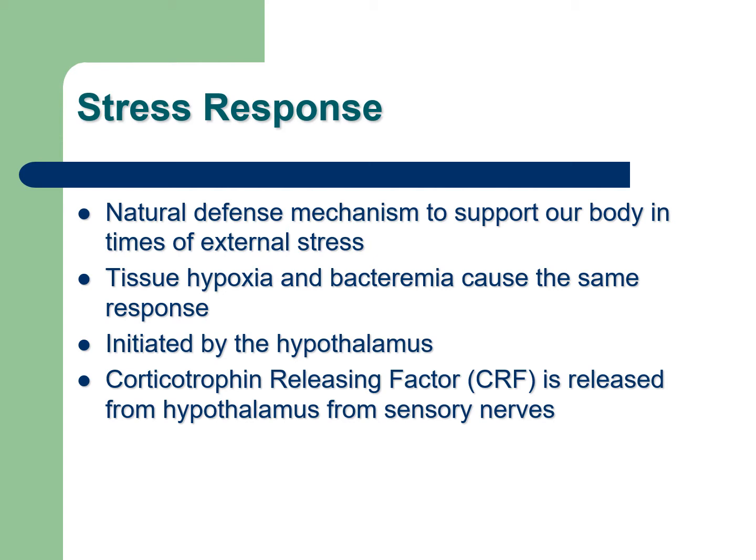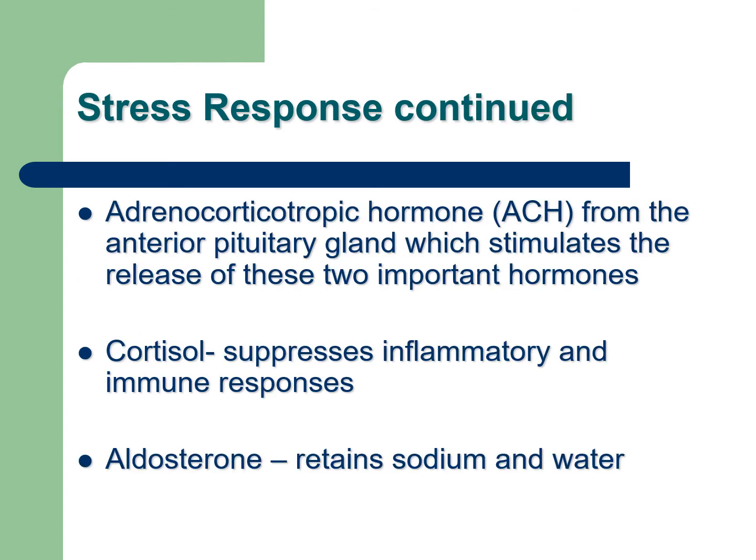And I want to tell you a little bit of how it actually works. It's initiated by the hypothalamus, and then the hypothalamus releases a hormone called CRF. The pituitary gland secretes a very important hormone called ACTH. When ACTH is produced, it further stimulates the production of two other hormones, one being cortisol and the other one being aldosterone.